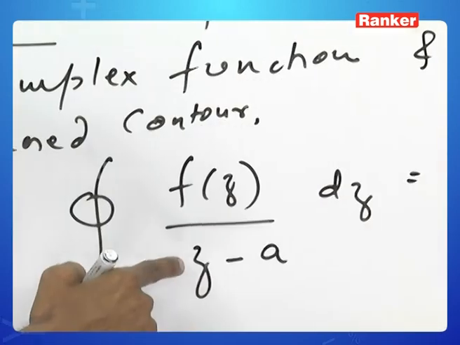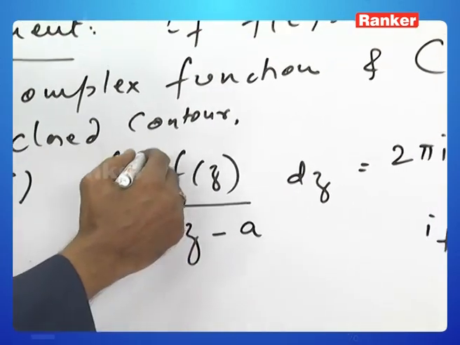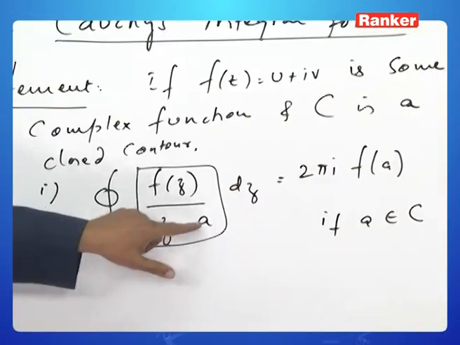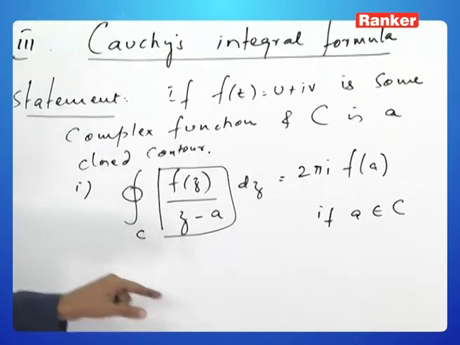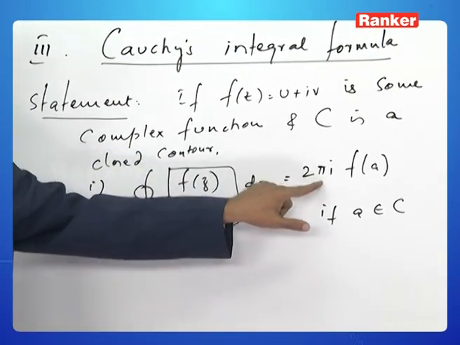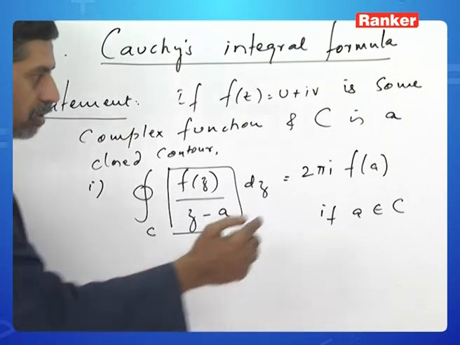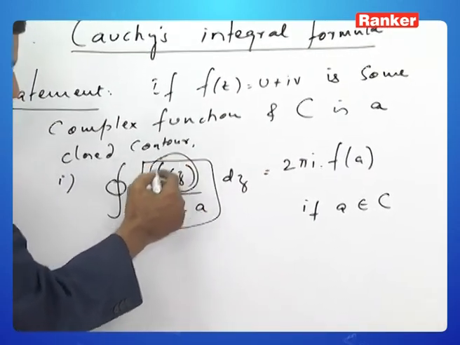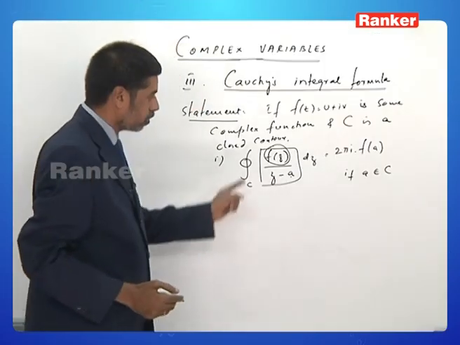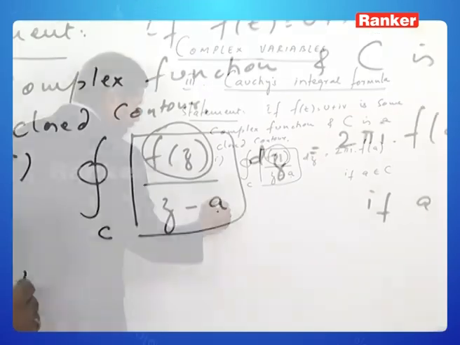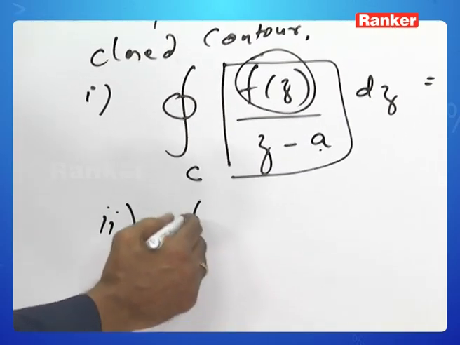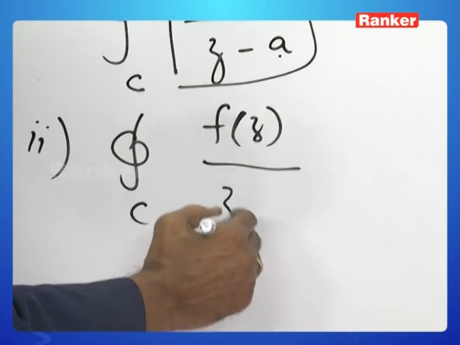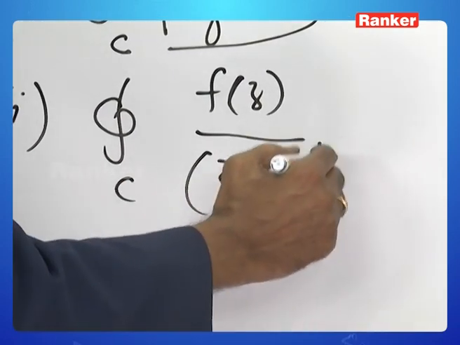So, you can see that z is equal to a is a singularity of this function. If the singularity lies inside the contour, then the value of this integral is 2 pi i times, be very careful, f(a), that means the numerator evaluated at this singularity, not the whole function. An extension of this is the integral over C of f(z) by (z minus a) to the power of k plus 1.